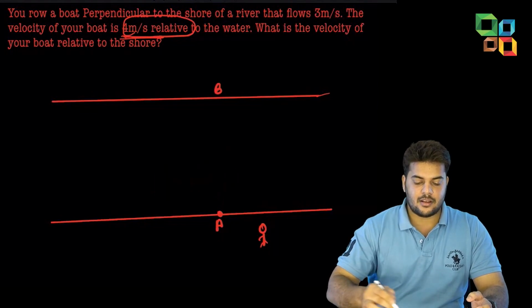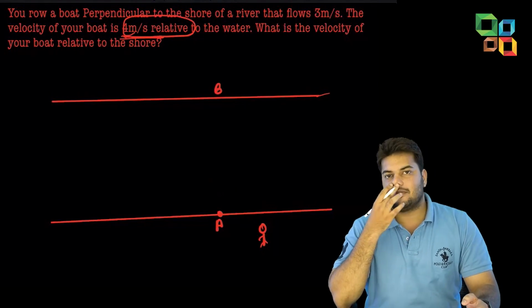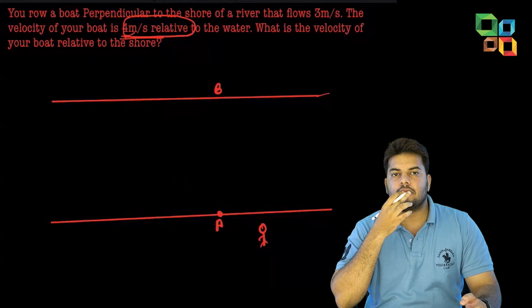Excuse me, sir. If we actually think of an answer without the velocity, shouldn't we increase the weight of the boat and then go to 4 meters per second speed? Because velocity is inversely proportional to mass, right?